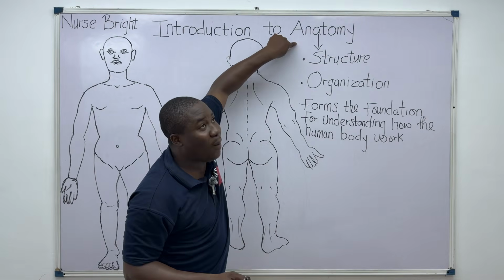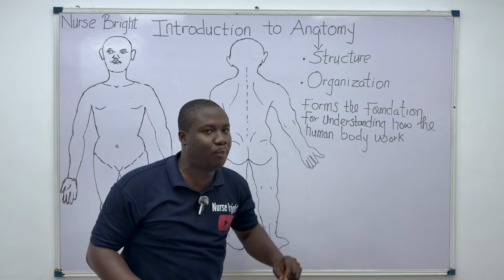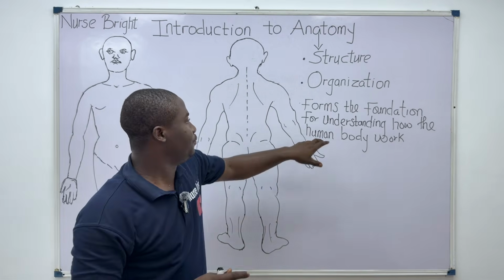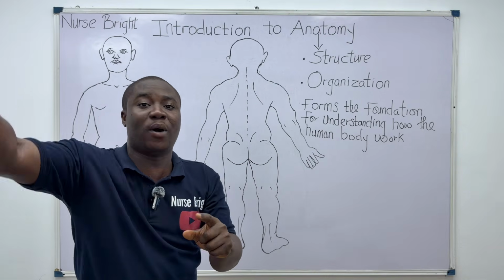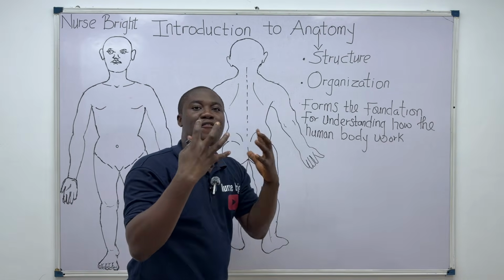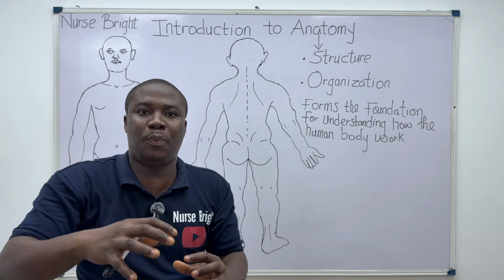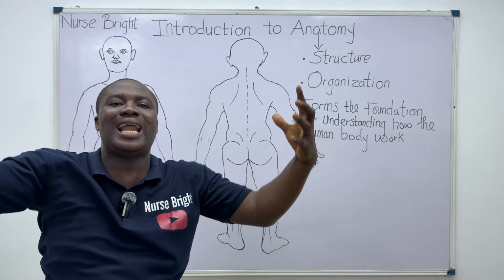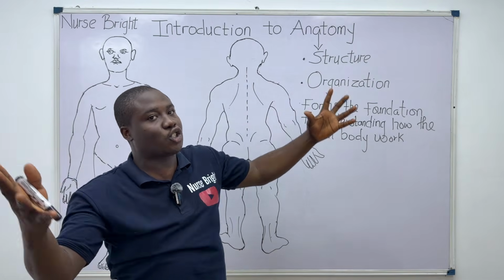In anatomy, we don't really study how the human body works. The phrase "how the human body works" simply explains the functional aspect of the human body, not the structural.